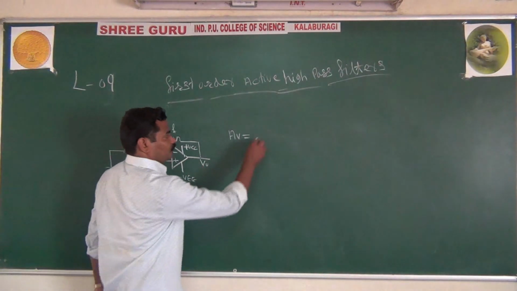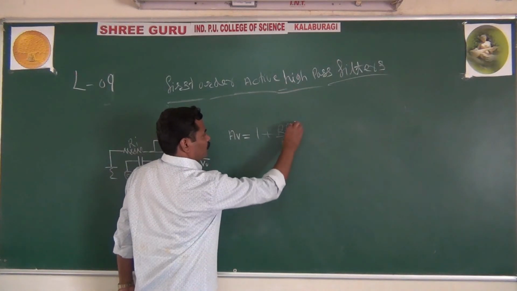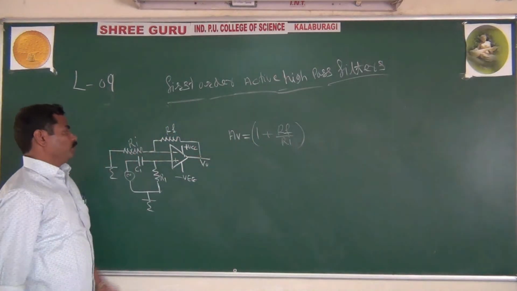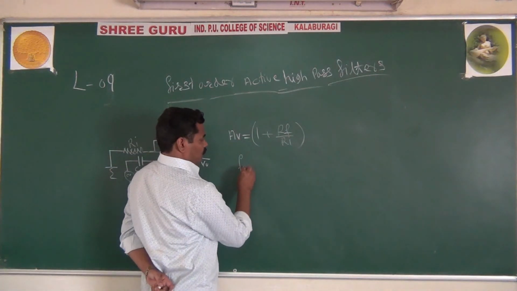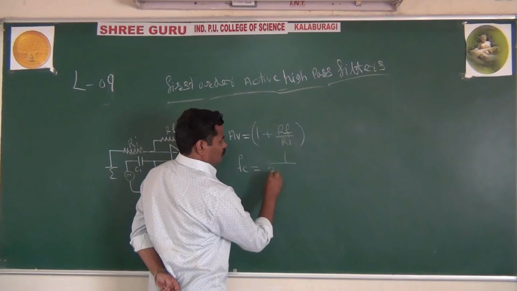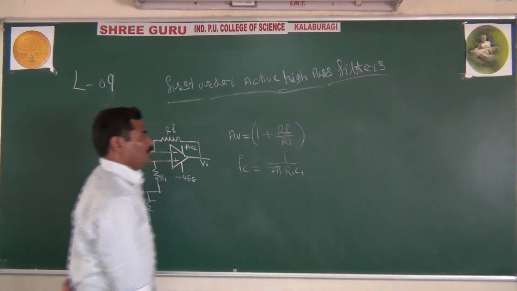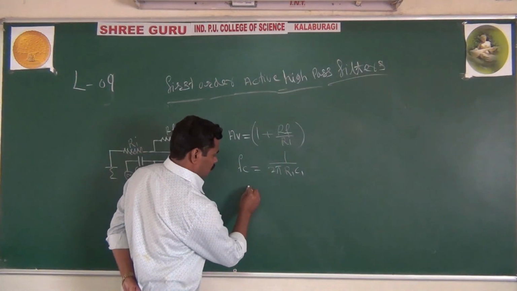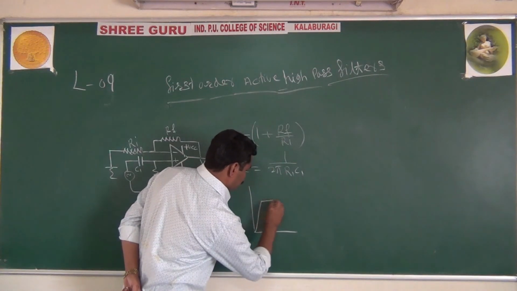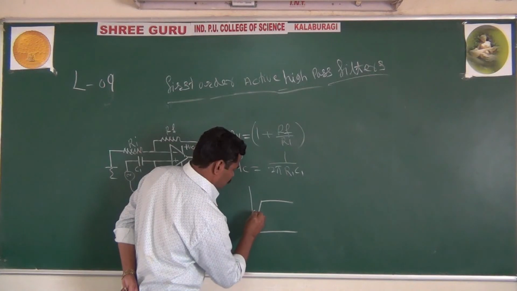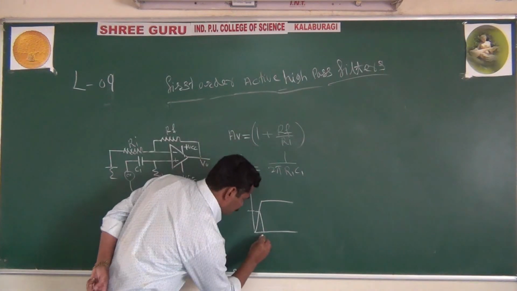And as usual, the voltage gain is RF by RI, the voltage gain for the non-inverting amplifier. And as usual the cutoff frequency FC is the same, 1 by 2π R1 C1. And the important thing is the diagram. We get the FC.